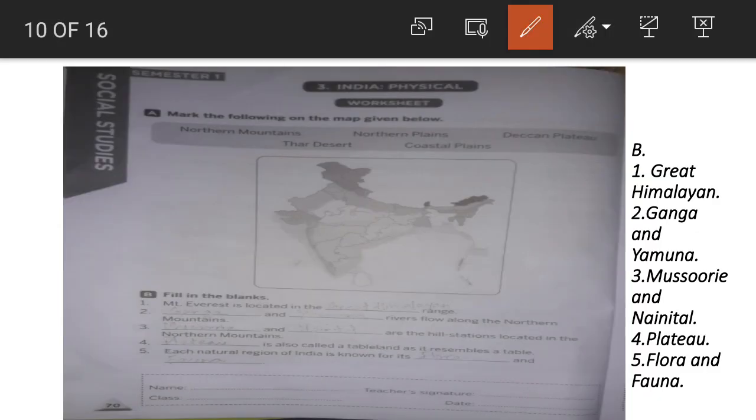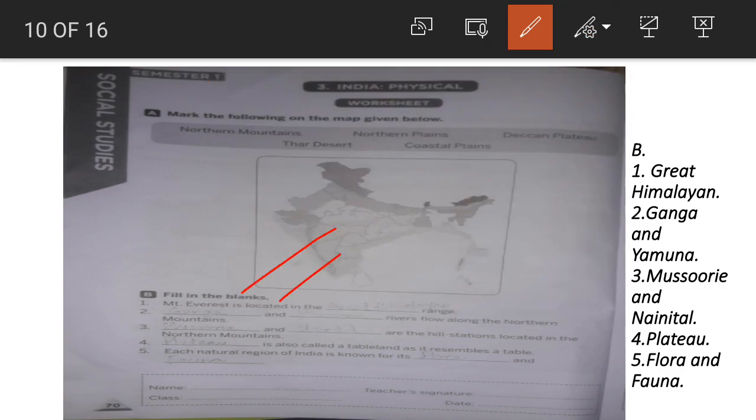Next, page 70. India physical worksheet. Exercise A. Mark the following on the map given below. So this is also homework for you. This is the map of India. You have to label it.